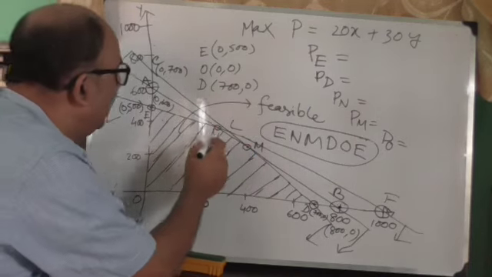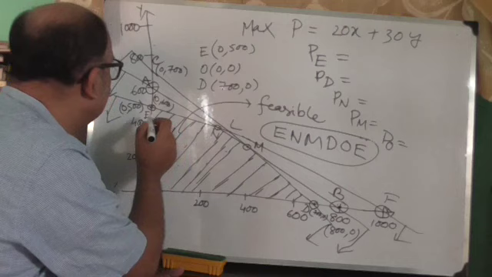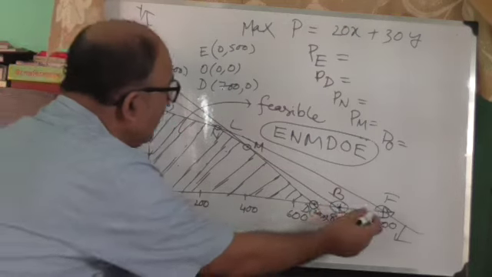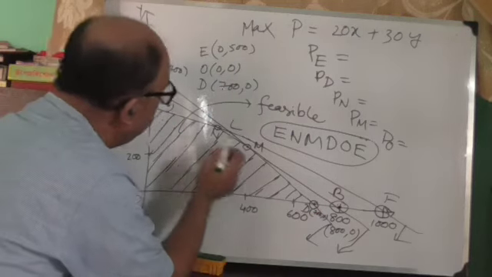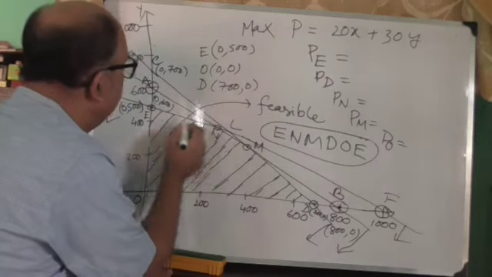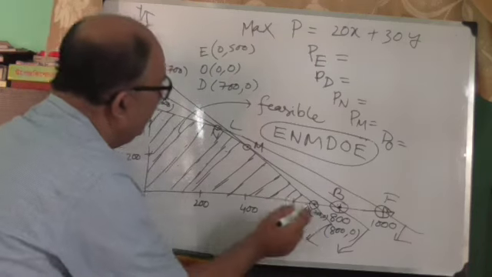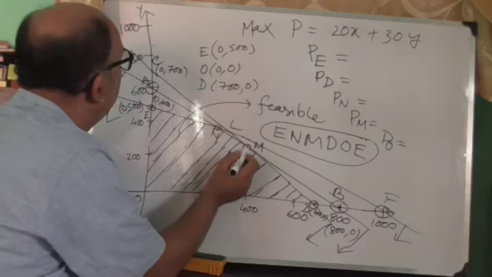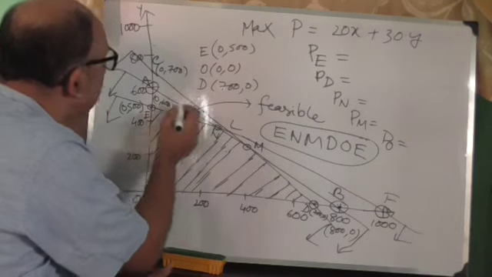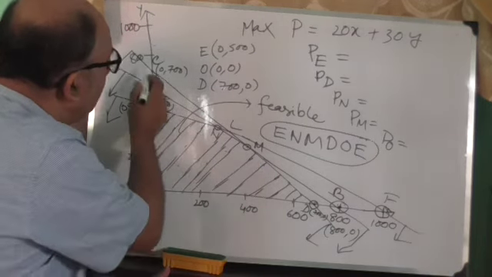That means the point N is the intersection of the line EF and AB. You can see the point N is the intersection of the line EF and AB, and the point M is the intersection of the line AB and CD.